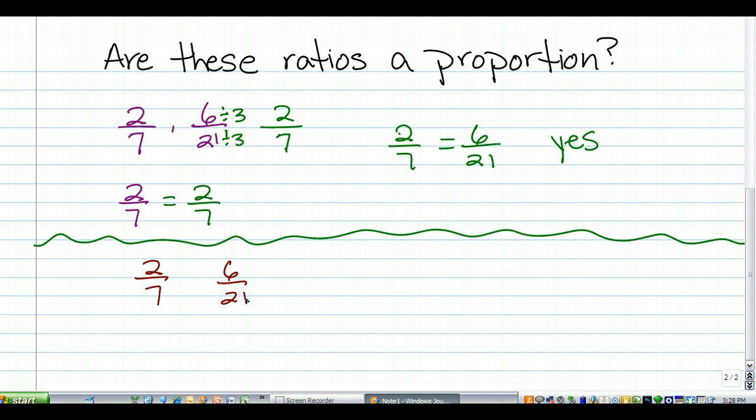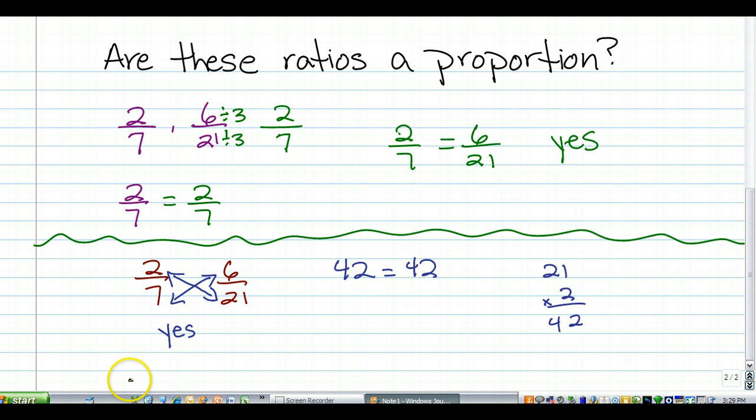If you cross multiply, if you multiply 2 times 21 and 7 times 6, if those products are equal, then it is a proportion. So you can even plug that into your calculator, or if you can do it in your head. So 7 times 6 is 42. And 21 times 2 is, look at that, 42. And since that's equal, then yes, it is a proportion.